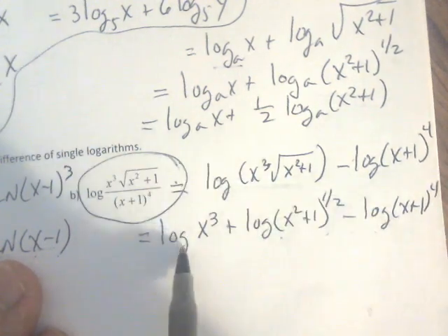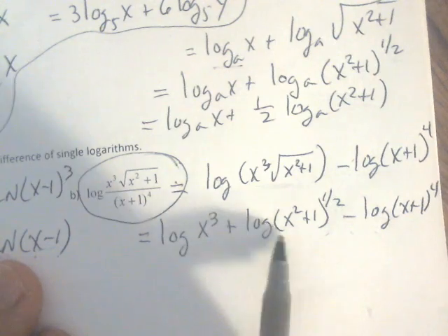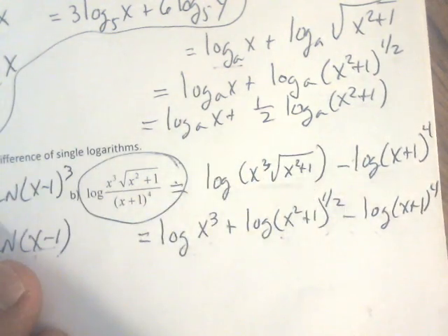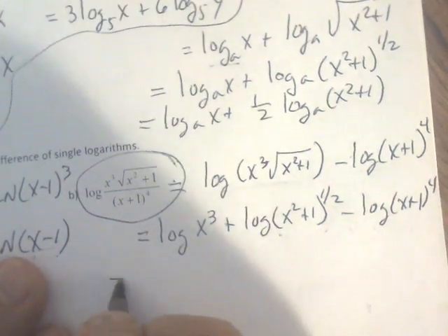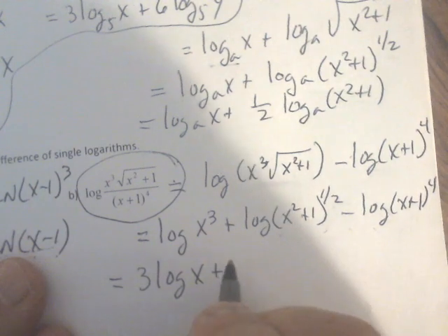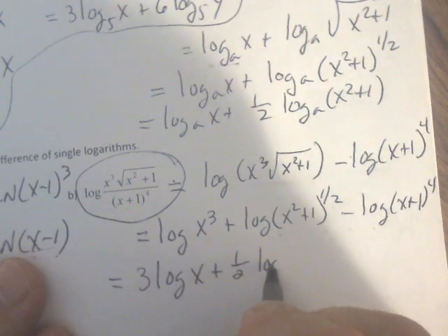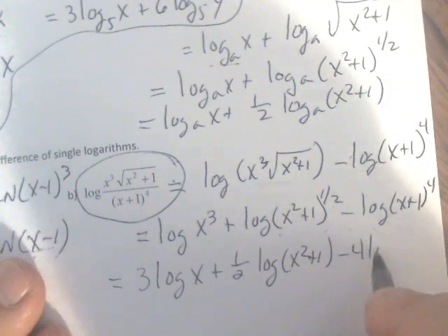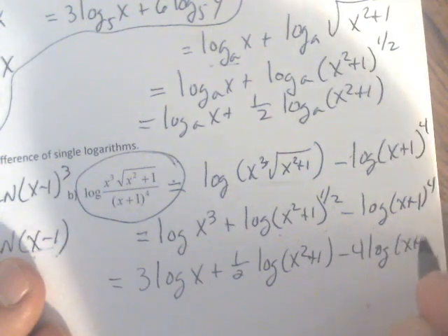Now I do not have any law 1s. I have no law 2s, but I do have several law 3s I can apply. So I can do 3 log x plus 1/2 log x squared plus 1 minus 4 log x plus 1.